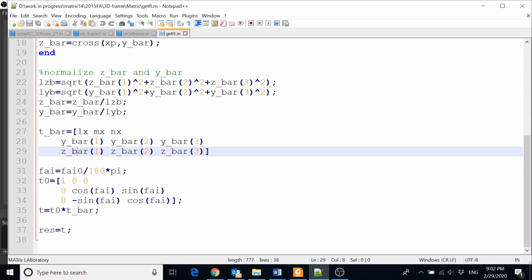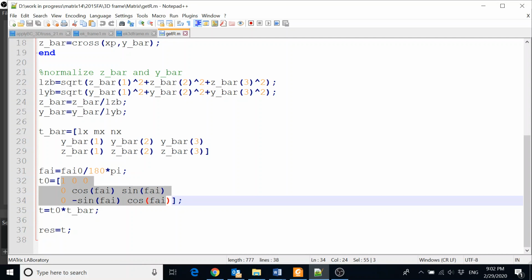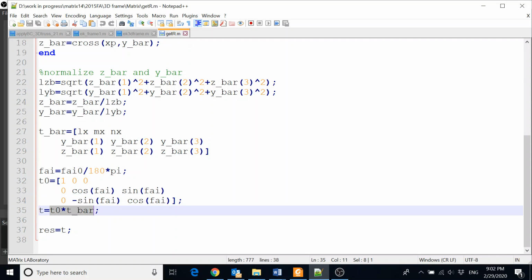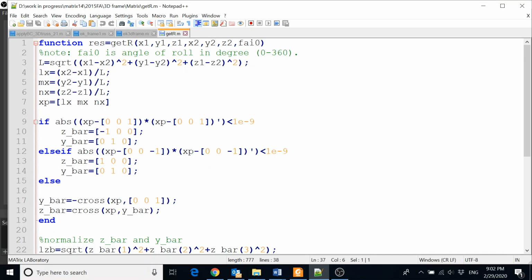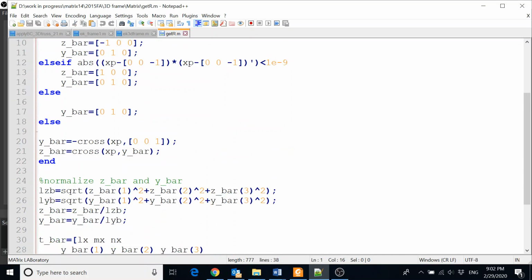Then I put my phi 0 into radii, because if I use cosine and sine in MATLAB, they accept radians. So we get that rotational R0, as I told you in the notes. Just copy them there. You multiply those two together, you got your R. So this program, you give it those values, then it'll give you R.